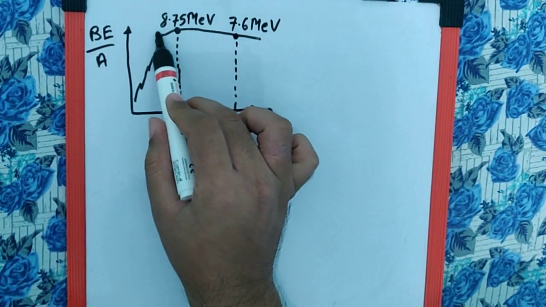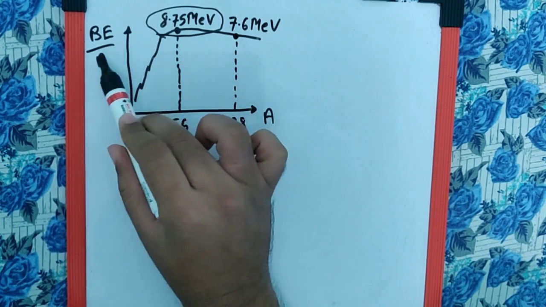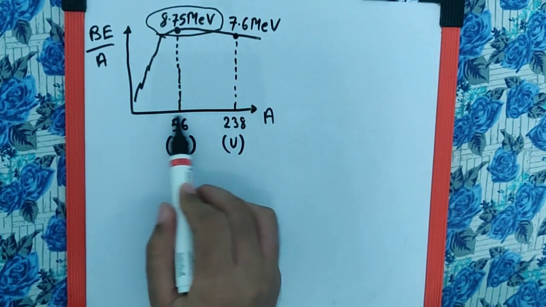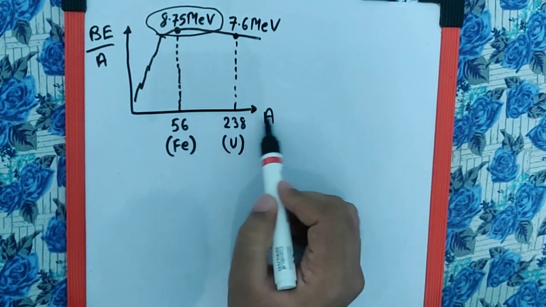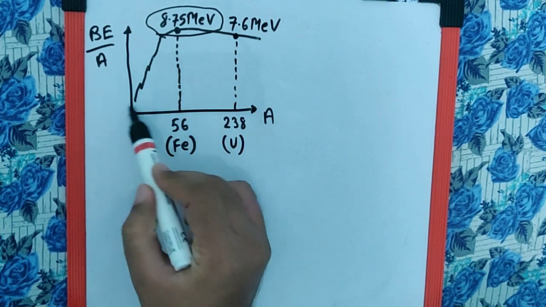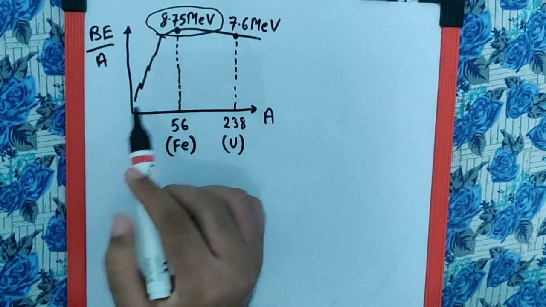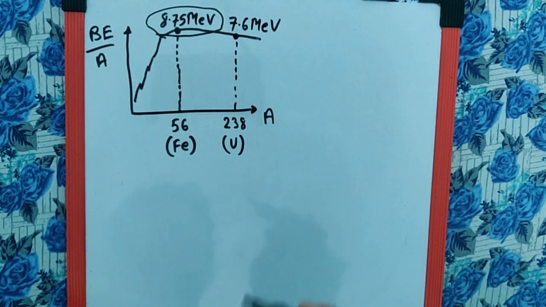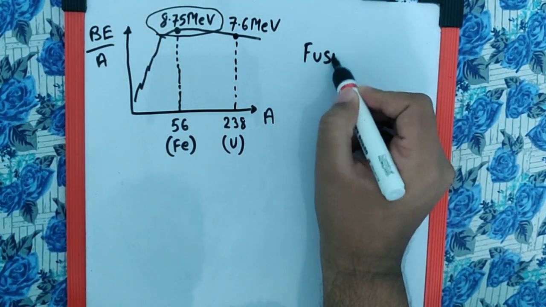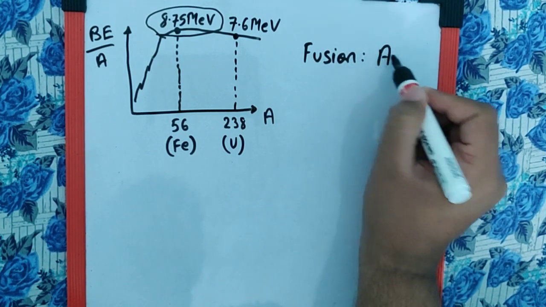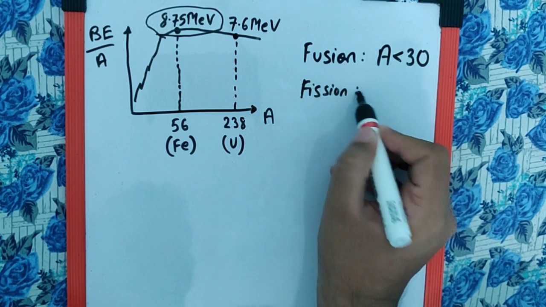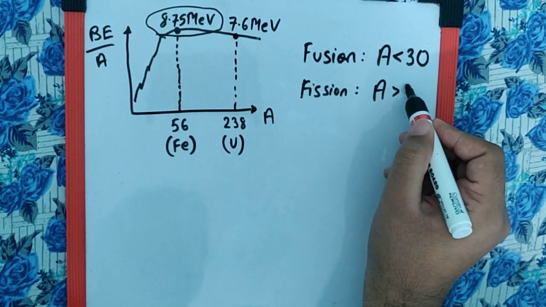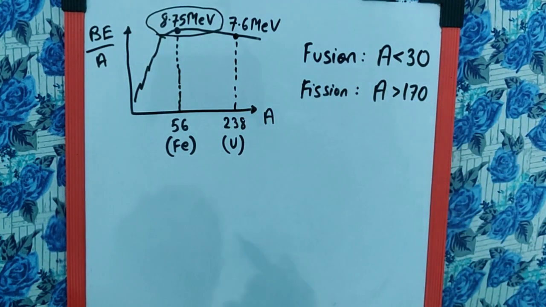So basically we found that the elements having higher binding energy per nucleon, with average atomic mass number, are mostly stable, and the ones having a higher or lower atomic mass number are unstable. And that's why we see nuclear fusion and fission reactions: fusion mainly for those having atomic mass number less than 30, and fission mainly for those with atomic mass number greater than 170. So you can say atomic mass numbers 30 to 170 are mostly stable.